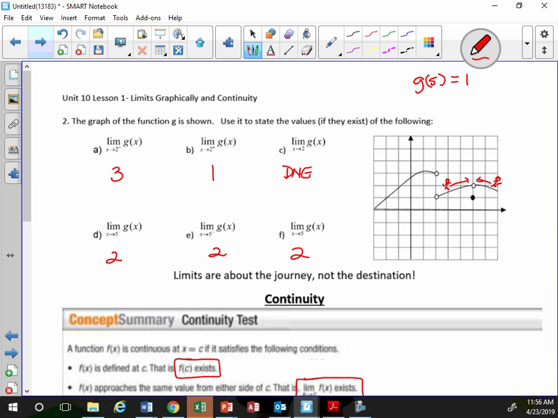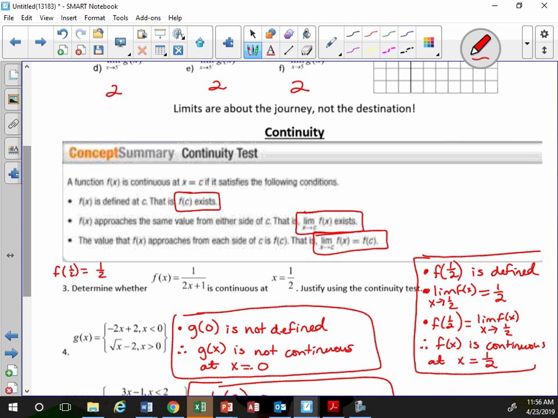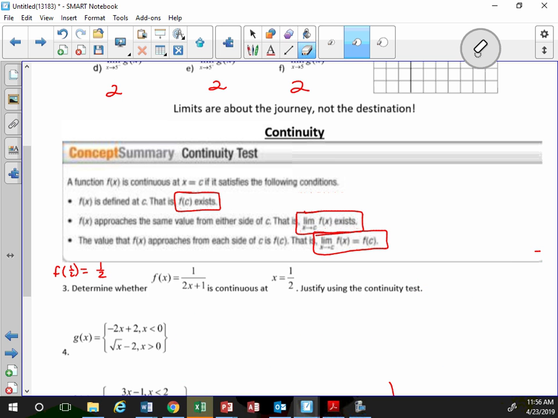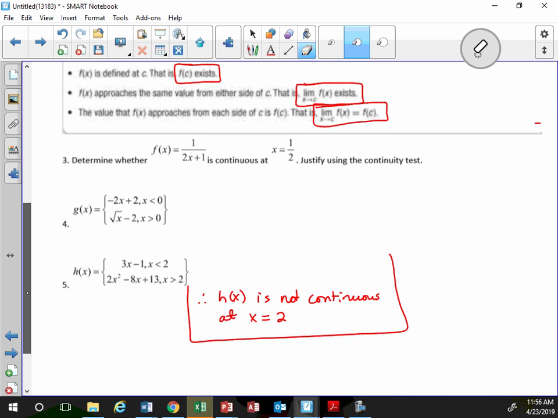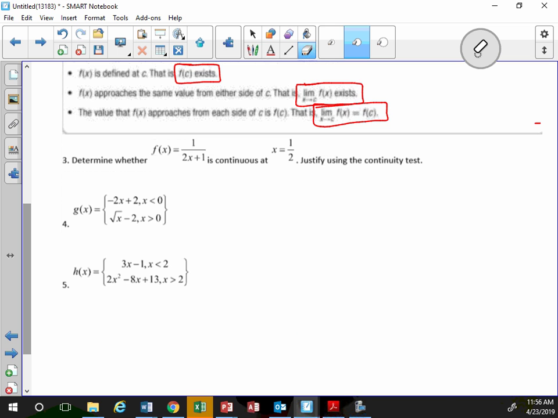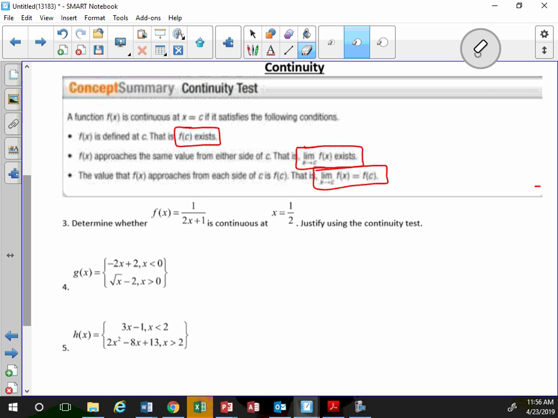Okay. All right. Now that we know enough about limits, we can go ahead and do the formal continuity test. So, you've got this written in your notes for you. Let me erase. Okay. So when you go through a continuity test, if I ask you to prove if something is continuous at a certain value, you need to show me these 3 bullet points.